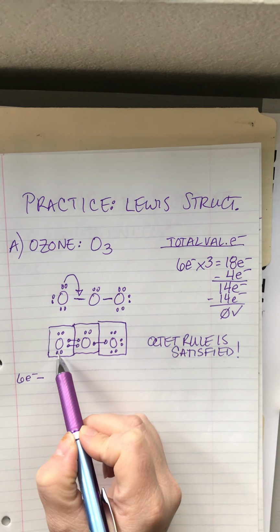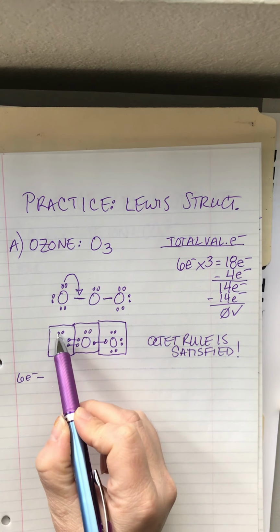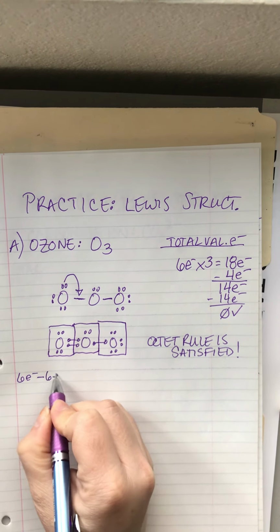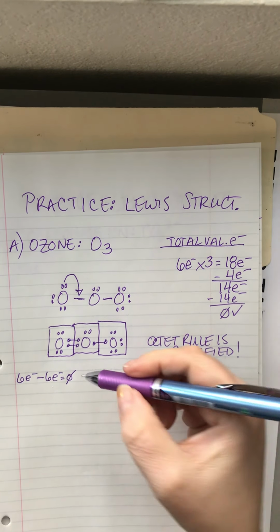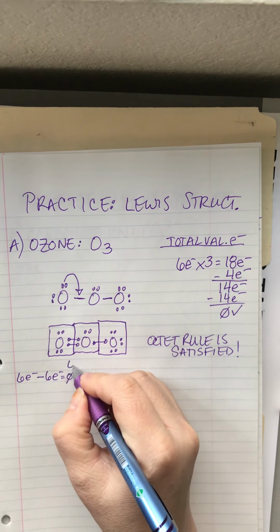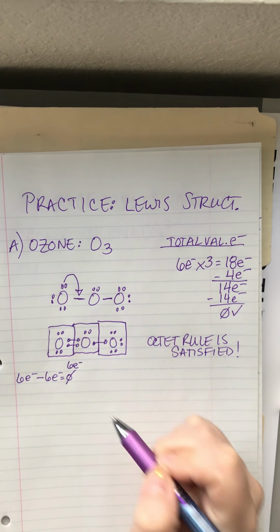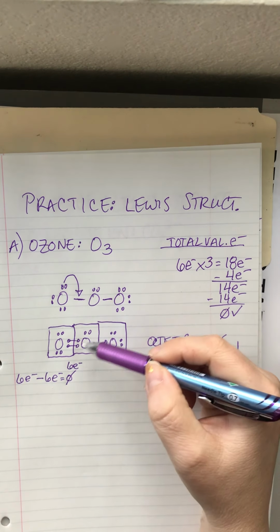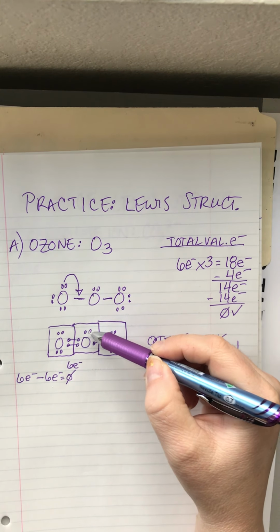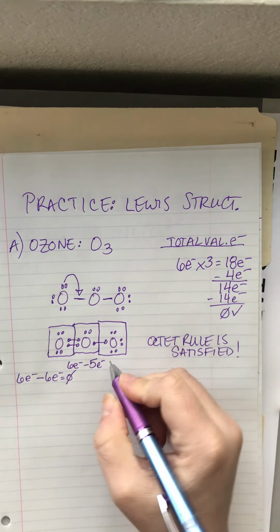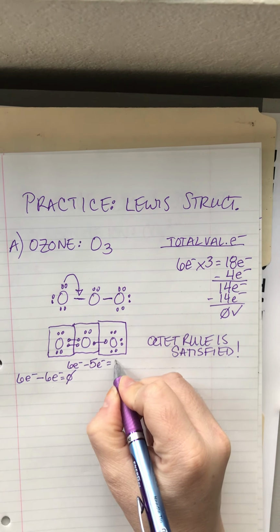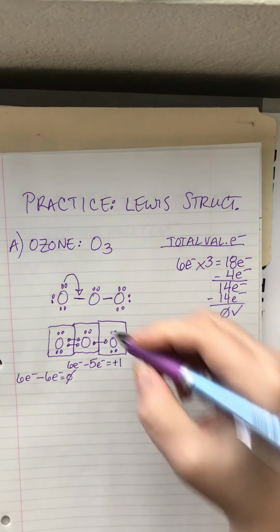Here I have 1, 2, 3, 4, 5, 6 electrons, for a charge of 0. Now I move to this next oxygen, which has 6 electrons when it comes, and now has 1, 2, 3, 4, 5 electrons here. So this oxygen will have a positive 1 charge.